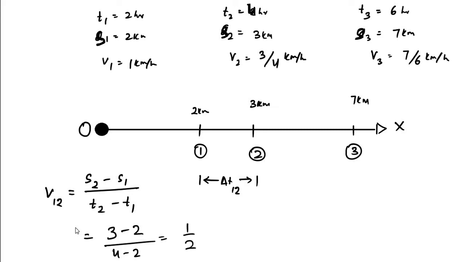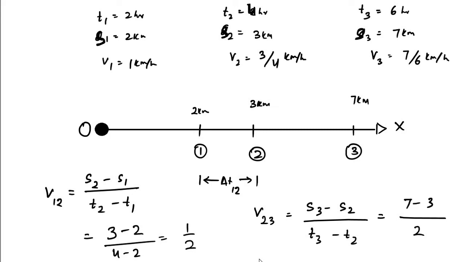Then if we want to calculate for the time interval from 2 to 3, it is S3 minus S2 by T3 minus T2. As the time slots are of equal value, which is 2 hours, the displacement here is 7 minus 3, which is 4 by 2, which is again 2 kilometers per hour. Here it is 1 by 2 kilometer per hour.